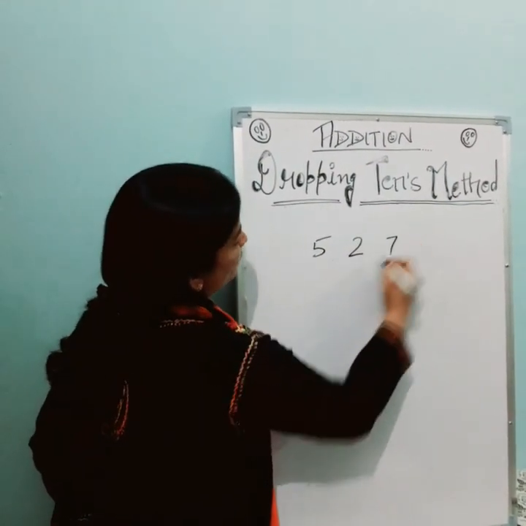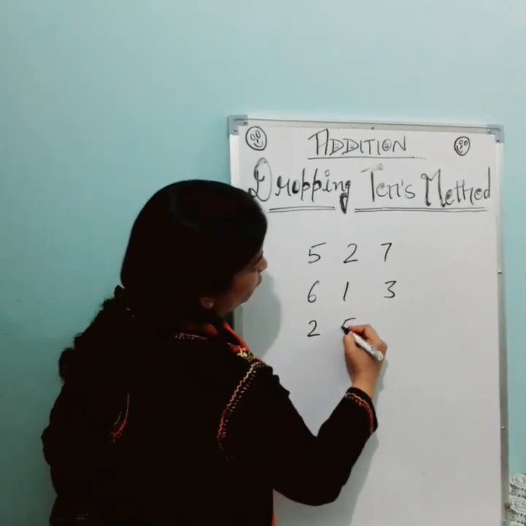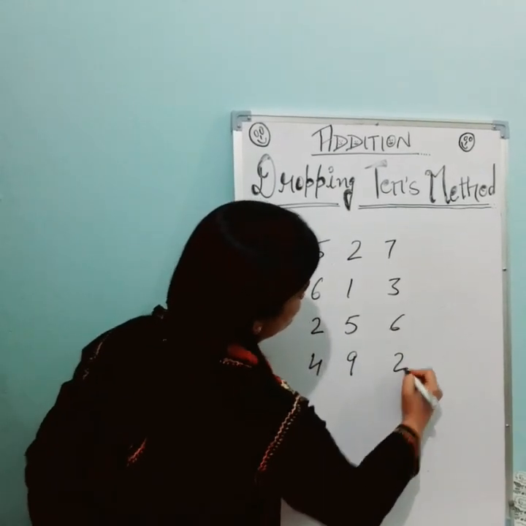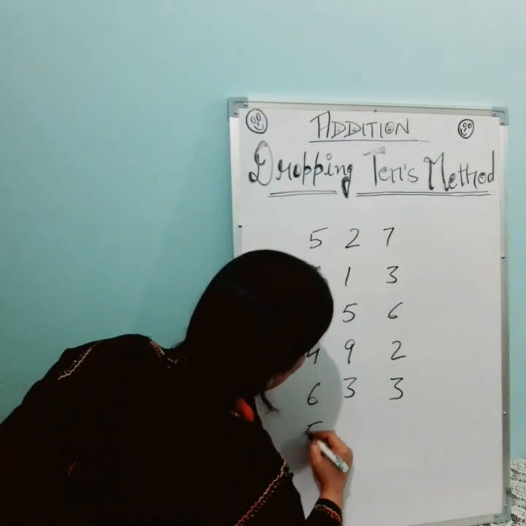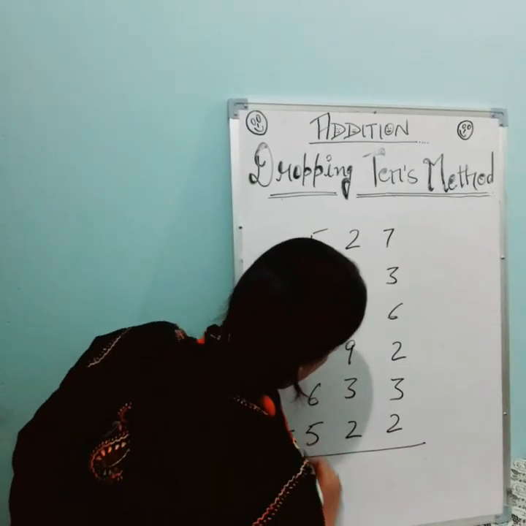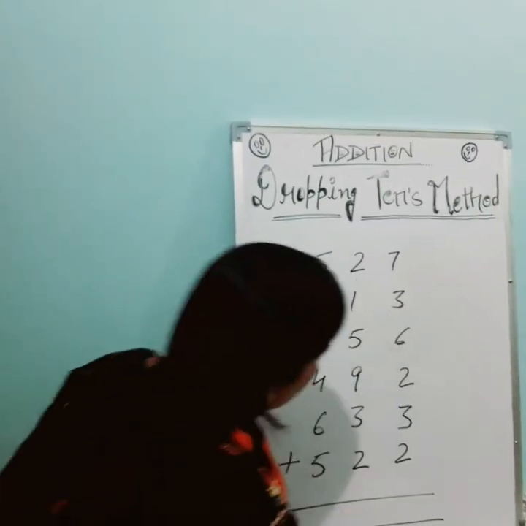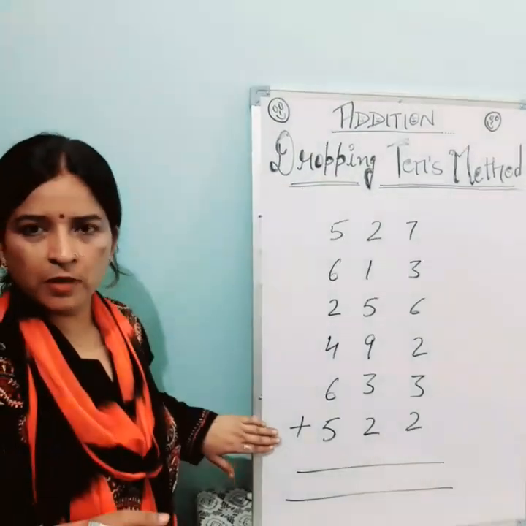5, 2, 7, 6, 1, 3, 2, 5, 6, 4, 9, 2, 6, 3, 3, 5, 2, 2. Now we will find the sum of these numbers.